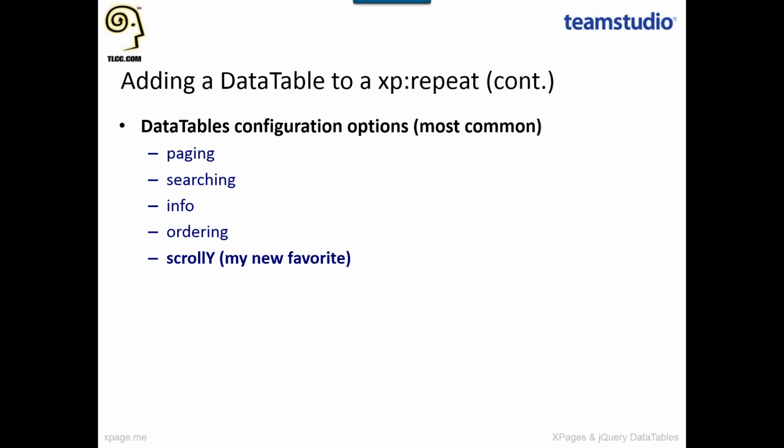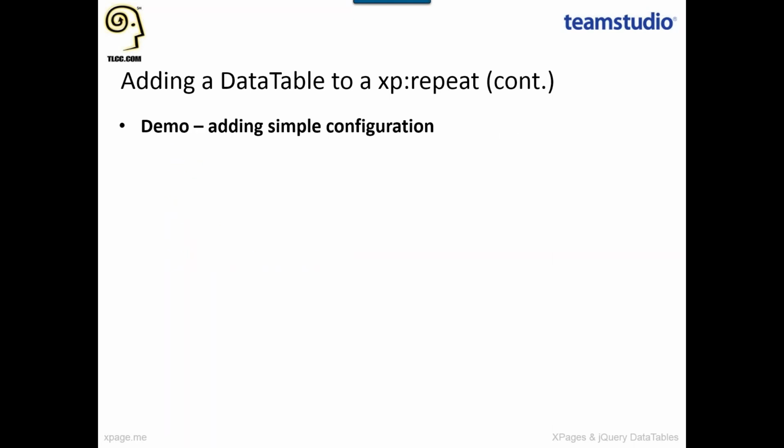In that case, you would turn ordering off. And what I'm finding is that the most important option for me has become scroll wide. I realize that makes little sense right now, but as we get further down and talk about some of the advanced configuration, I will explain why this has become very important.